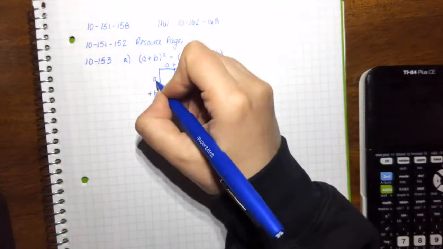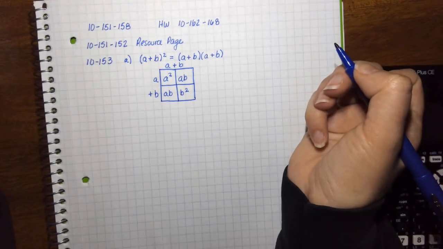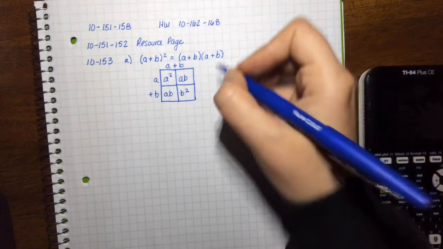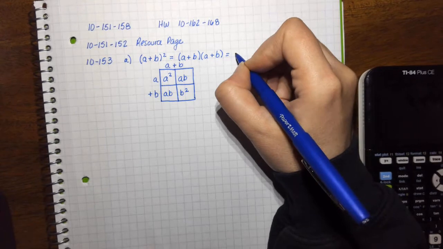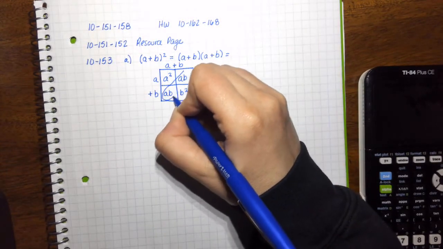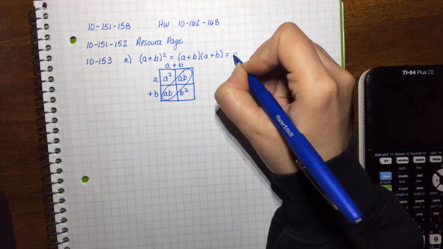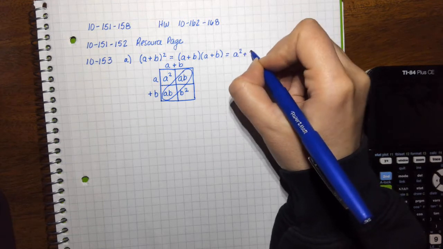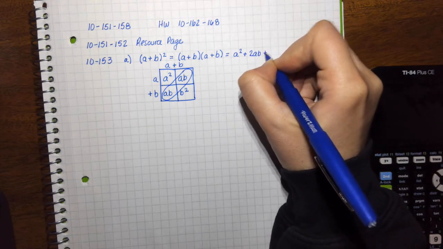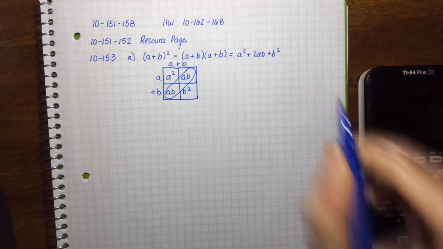Okay, a squared, ab, ab, b squared. Okay, and the answer is, combine those, a squared plus 2ab plus b squared.